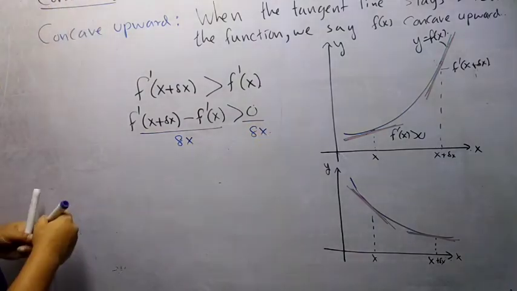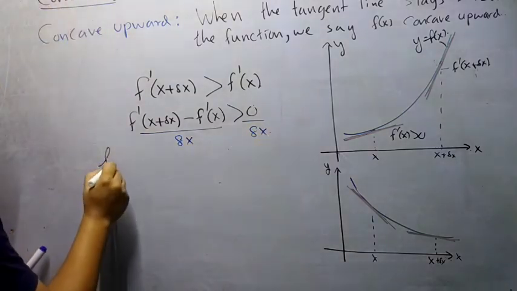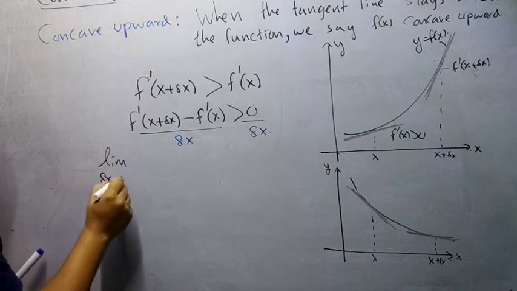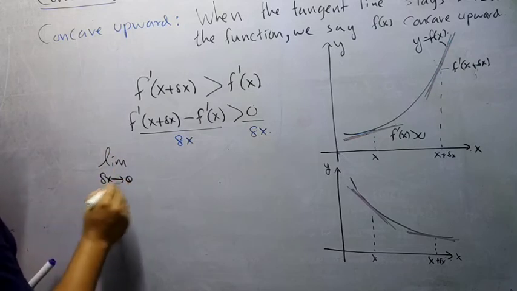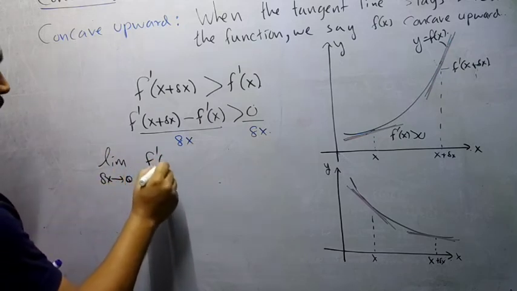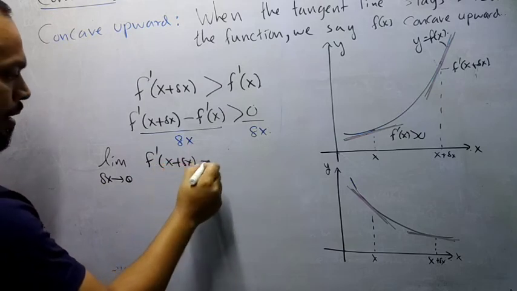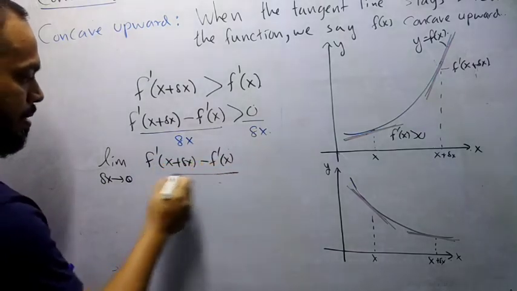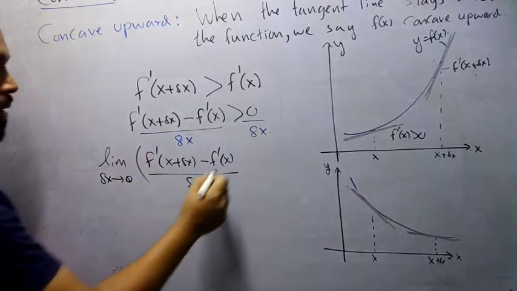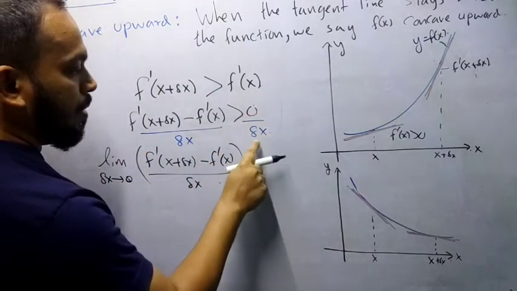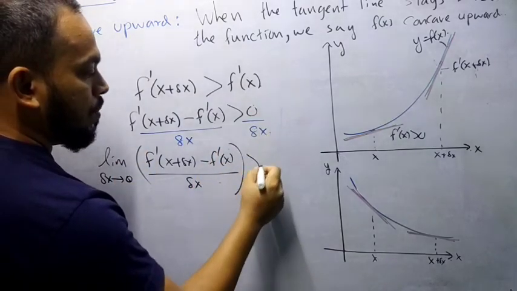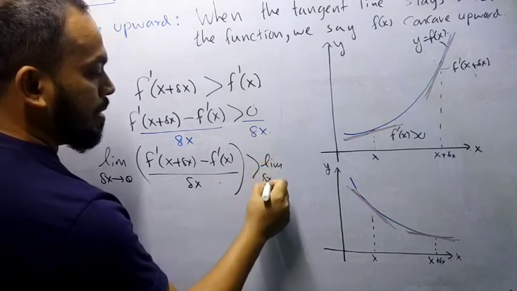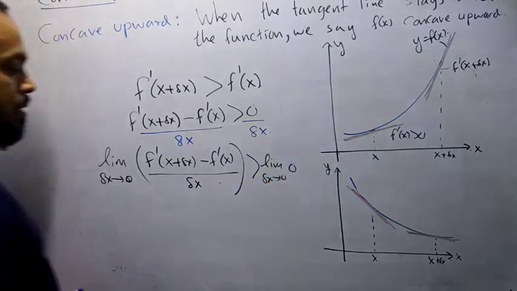Then I'm going to take the limits on both sides. As delta x tends to 0, f prime of x plus delta x minus f prime of x over delta x remains. And on the other side, 0 divided by anything is just 0, so we are just taking the limit as delta x tends to 0 of 0.